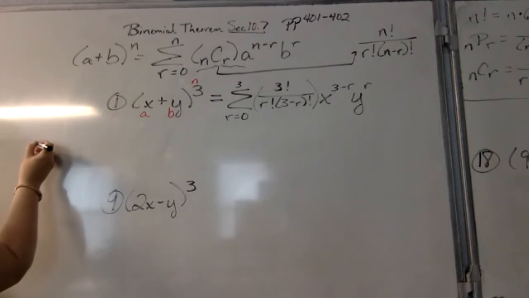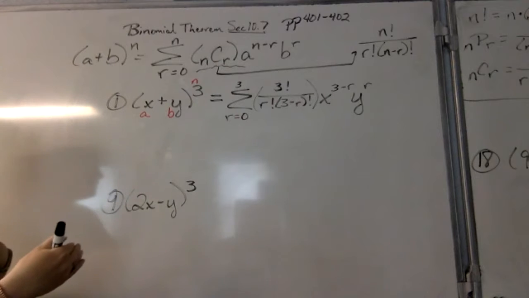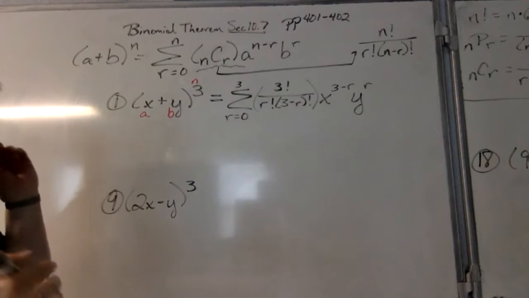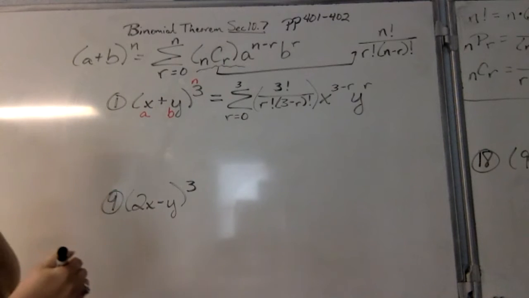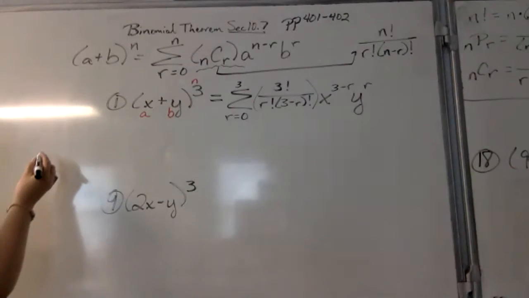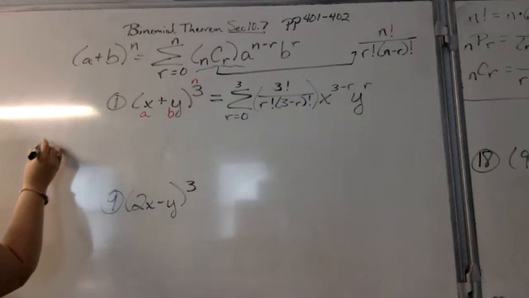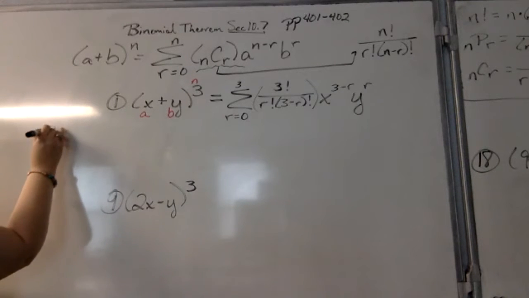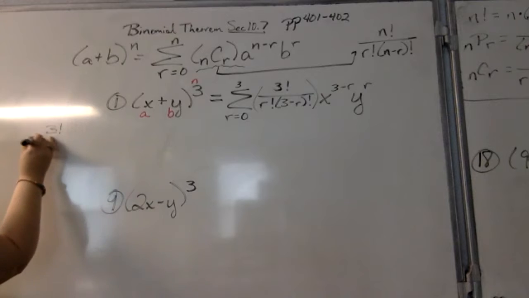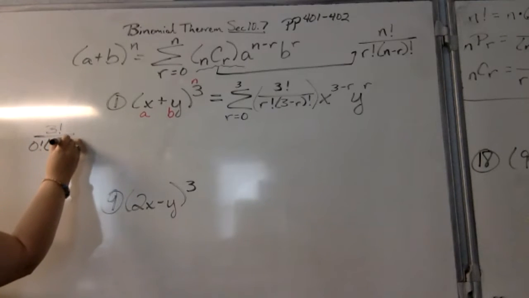Okay, so my first one is going from 0, when r is 0, right? So I'm going to have 3 factorial over 0 factorial times 3 minus 0 factorial.